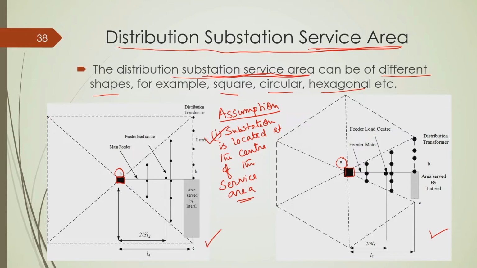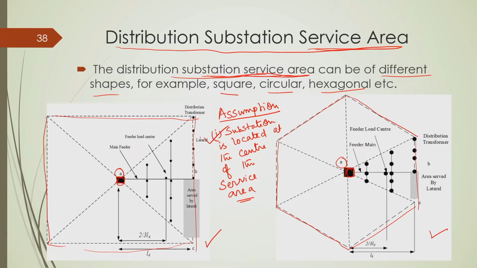This is a square shaped service area, as you can see shown over this dotted line, and we assume that the substation is located at the center of the square. Similarly, this is a case of a hexagonal service area, where the substation is located at the center of the hexagon.